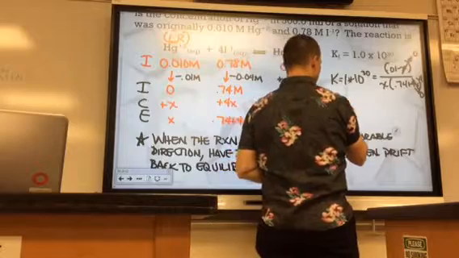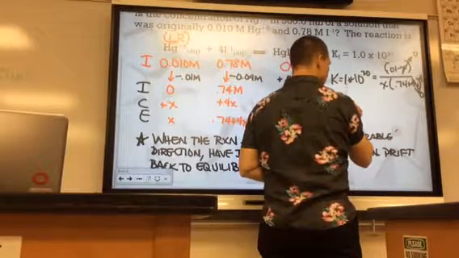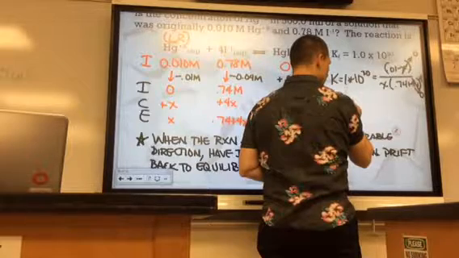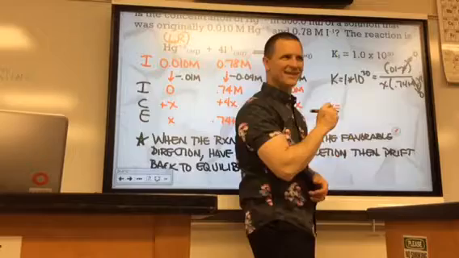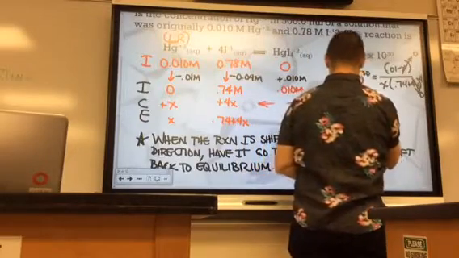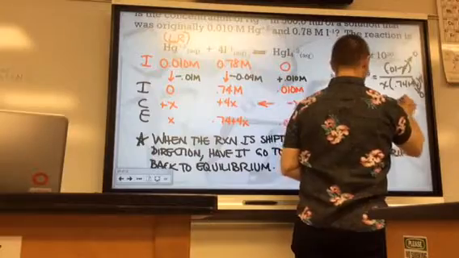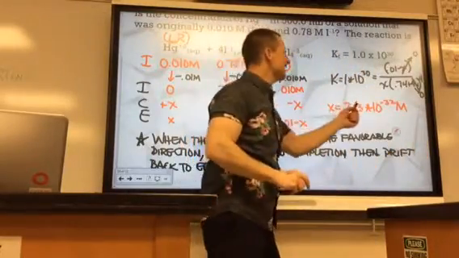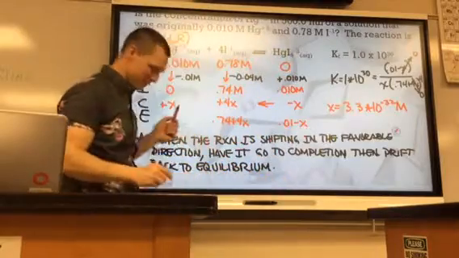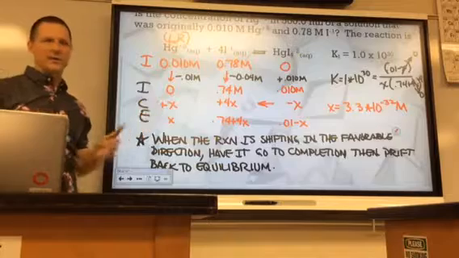Anybody feel like yelling out their answer? 3.3 times 10 to the negative 32. There it is. Yep. This is the concentration of the mercury ion at equilibrium.